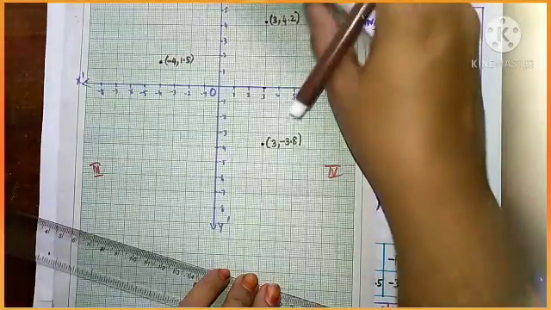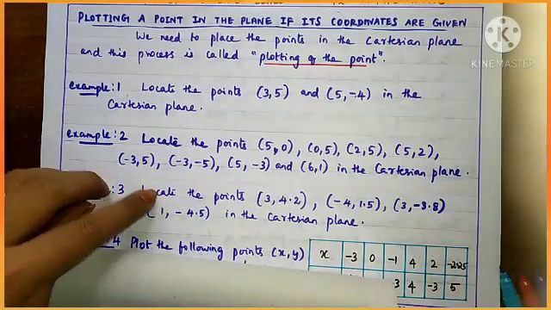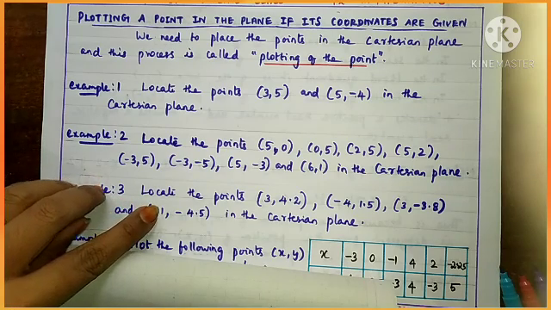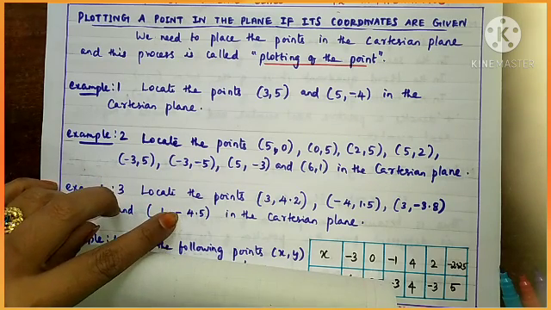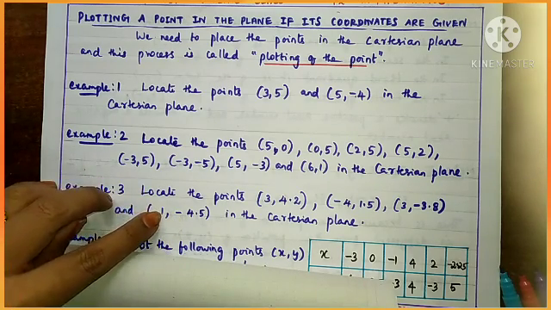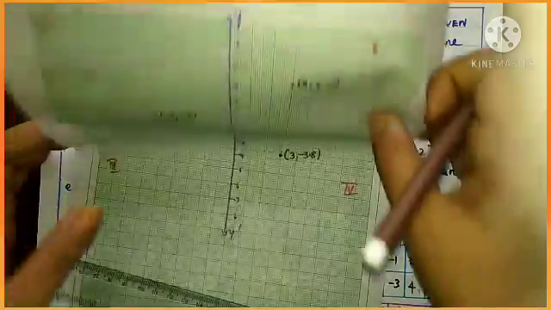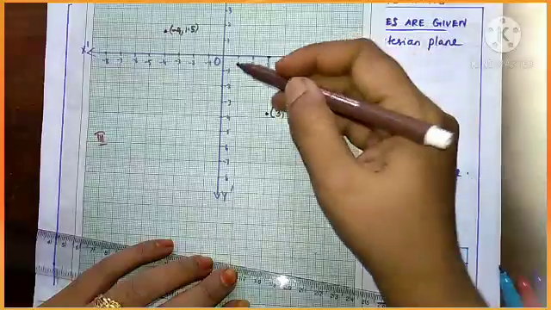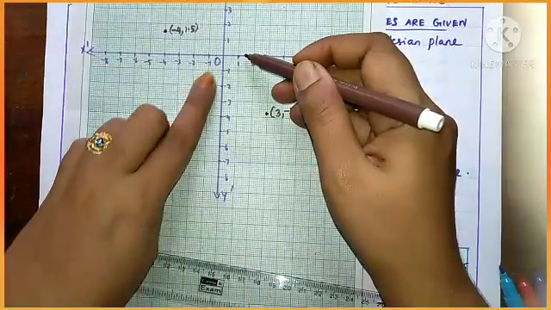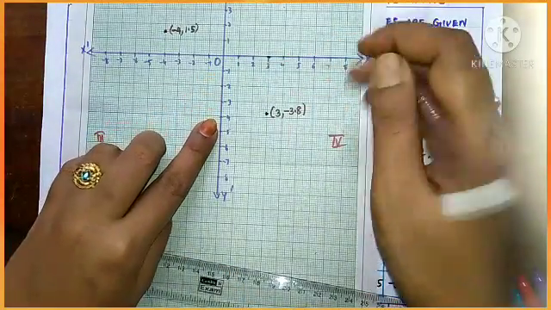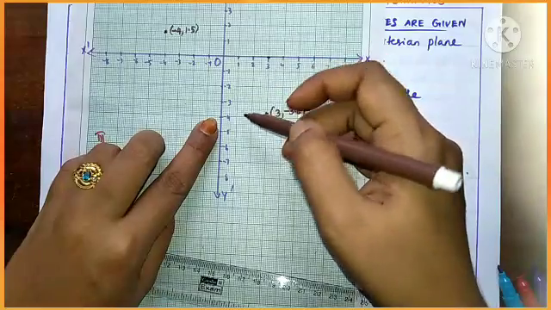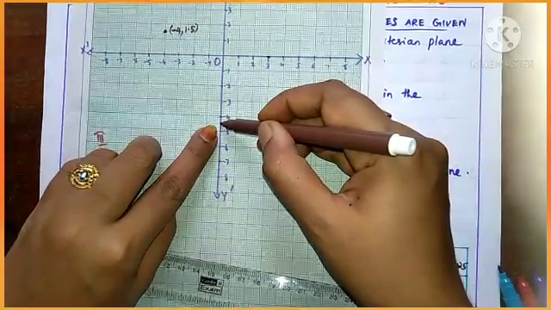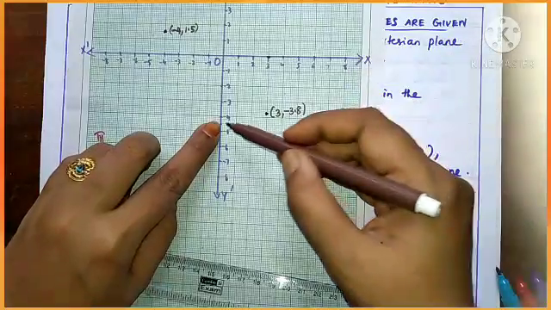Now we have one more point there. What is that? 1 and minus 4.5. Again x is positive, y is negative, so that is the fourth quadrant, x equal to 1 and y minus 4.5. So where will x equal to 1 come? Yes, this is x equal to 1 and y minus 4.5. 4.5 is easy because it is the middle line. Between minus 4 and minus 5, this middle line is minus 4.5.